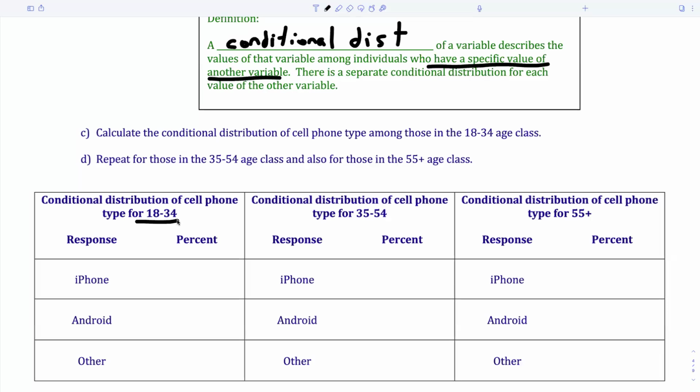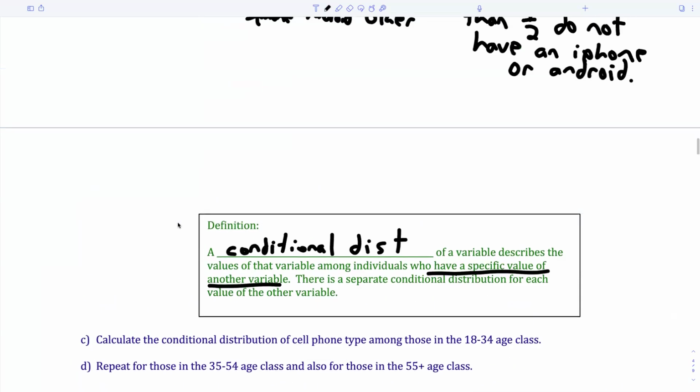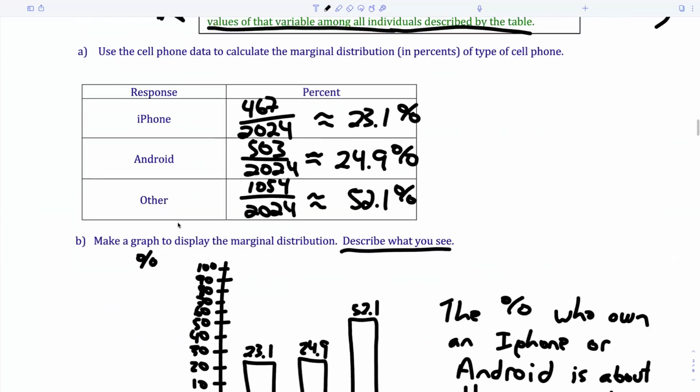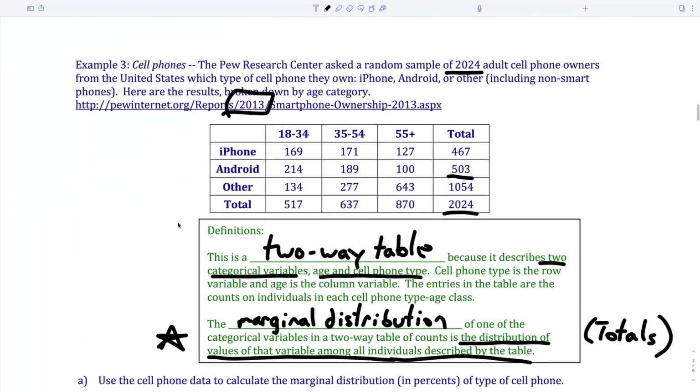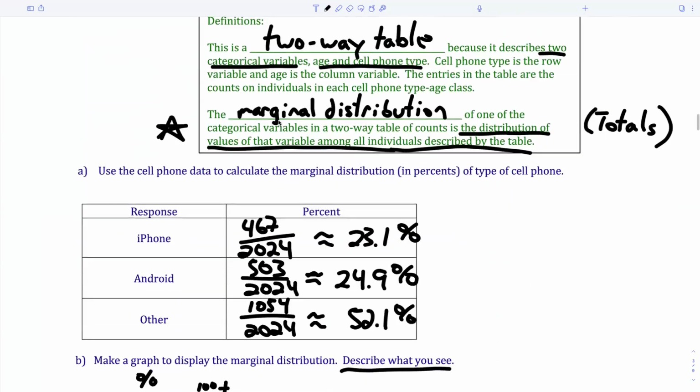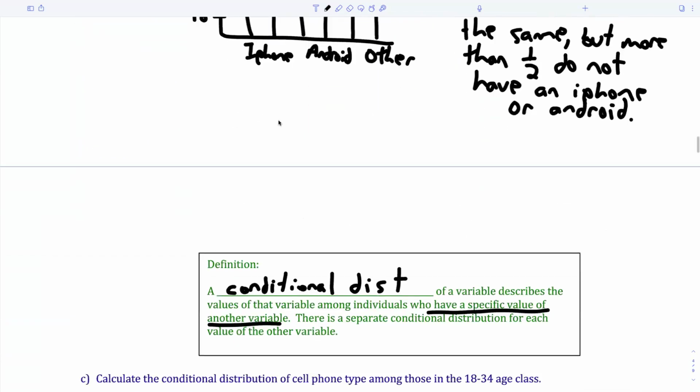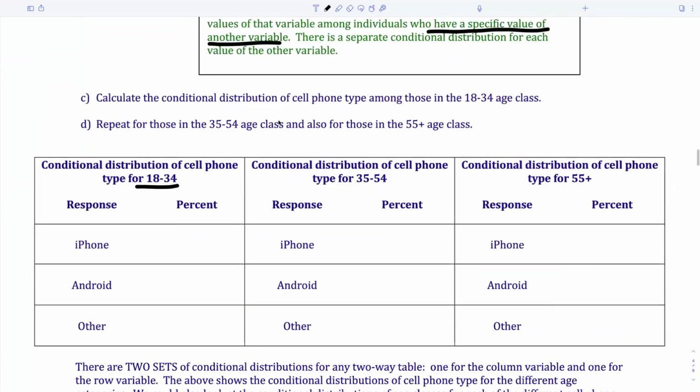That means we are looking only at the 18 to 34 column. So I got to get back there. We are looking at this right here. And the reason that I'm only looking at that column is because, okay, it says the conditional distribution of cell phone type for 18 to 34.